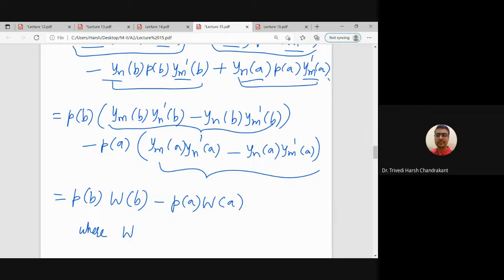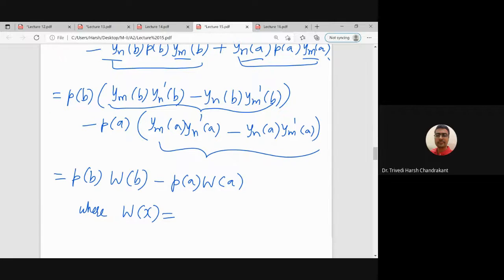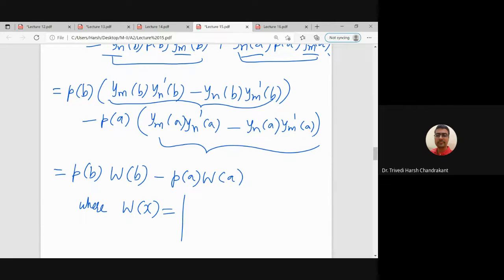Wronskian here, W(x), is the determinant given at the solution. So that is in terms of ym and yn functions. So first row will be ym evaluated at x, yn evaluated at x. Second row is their derivatives, right? That is how we define the Wronskian.